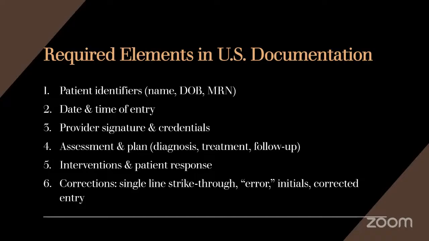Each note must contain an assessment and plan documenting the diagnostic impression, therapeutic intervention, and follow-up strategy. Interventions and the patient response must be recorded in detail. Corrections must be transparent. Errors are to be struck through with a single line, labeled as an error, and initialed with the date. Alterations that obscure the original entry are strictly prohibited.